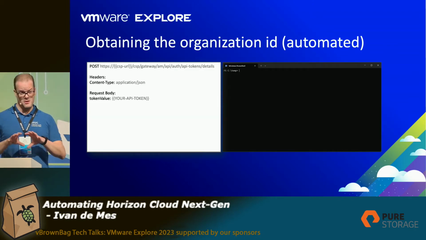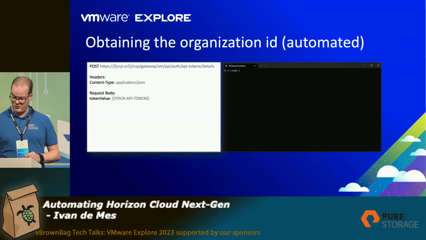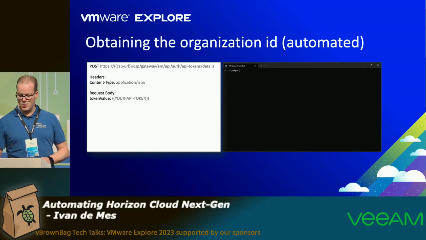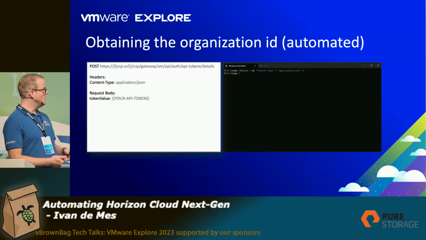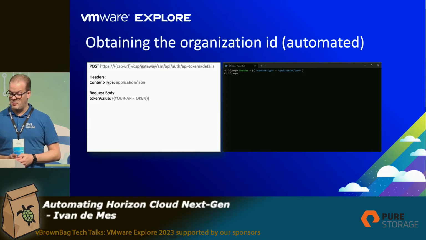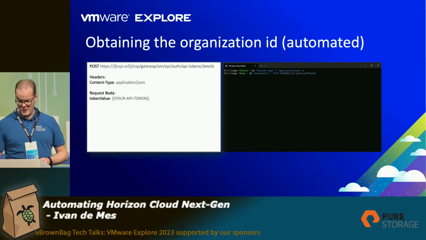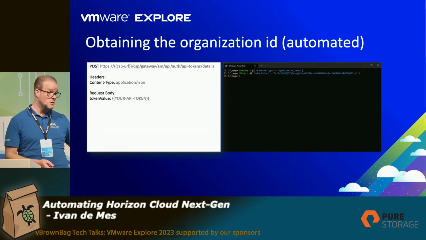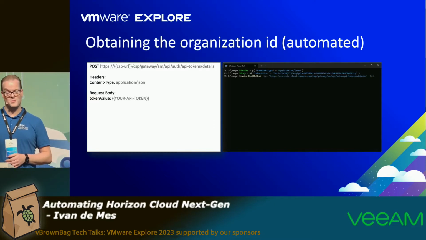To be honest, I didn't find it in the API documentation from VMware, but somehow I did find out that it is possible. So again, we construct a new header, and in this case it's the application JSON type. Then we specify a body in which we specify the API token. Don't get confused with the access token.